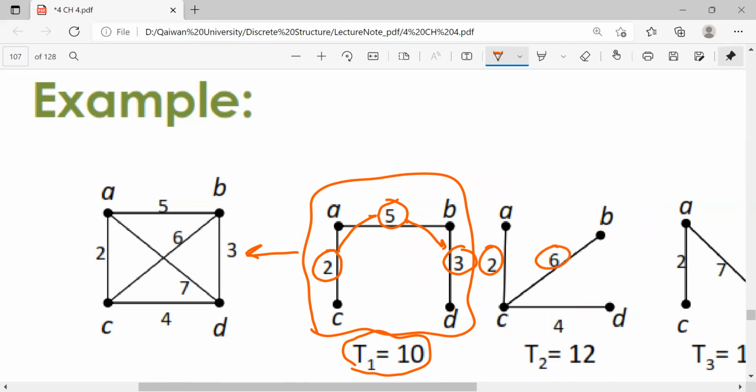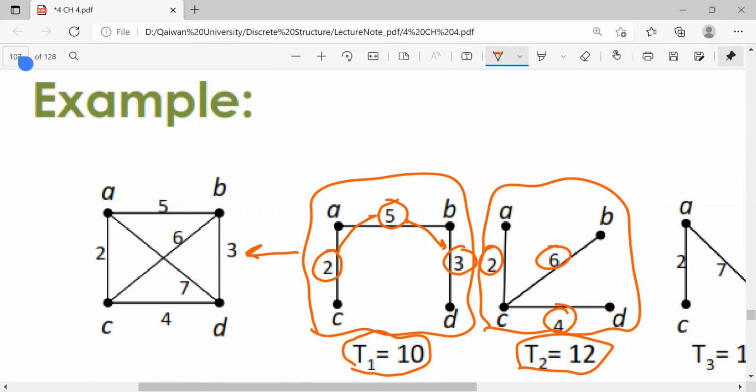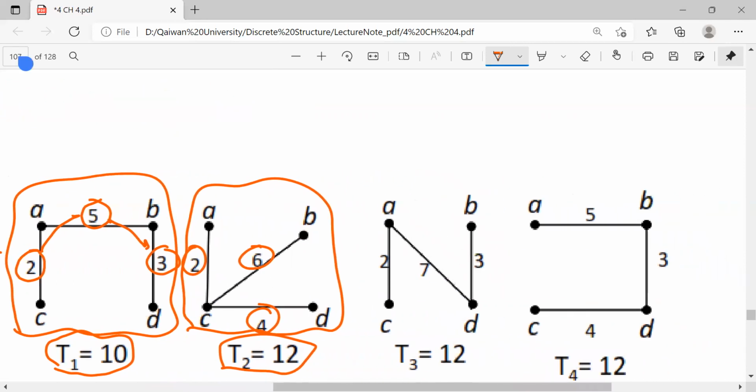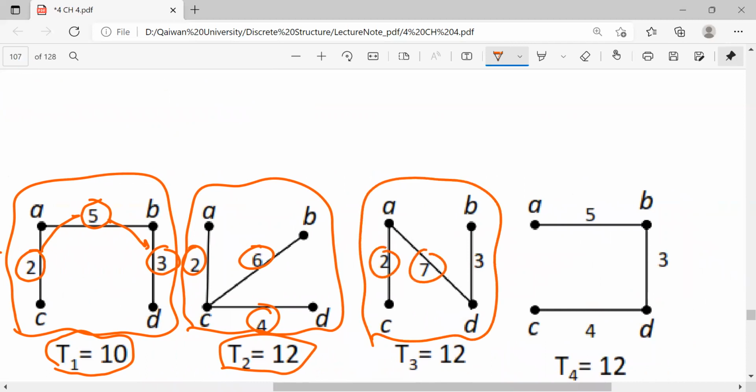It's 2 plus 6 is 8 plus 4 is 12. For this spanning tree, its weight is 12. And for this one, it's 2 plus 7 plus 3, which is 12.